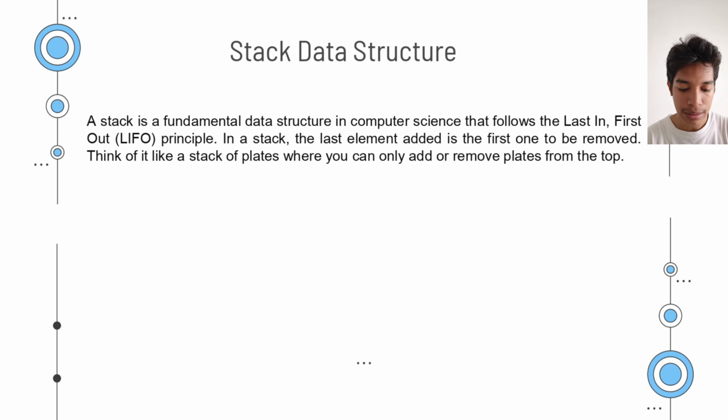A stack is a fundamental data structure in computer science that follows the last in, first out principle. In the stack, the last element added is the first one to be removed. Think of it like a stack of plates, where you can only add or remove plates from the top.